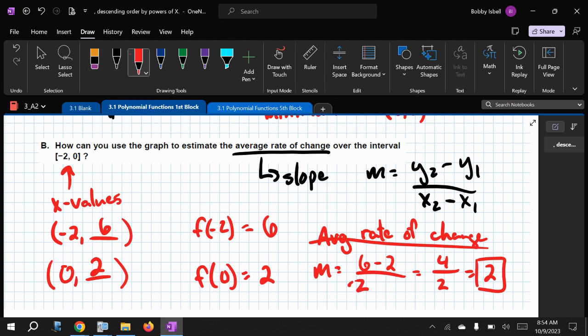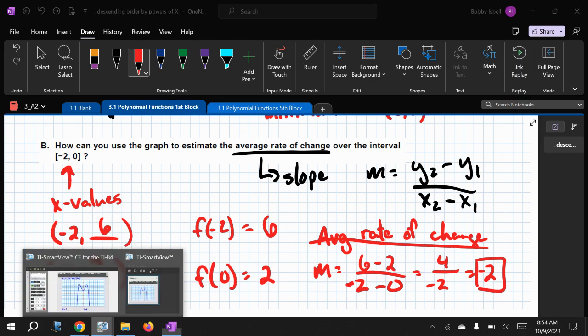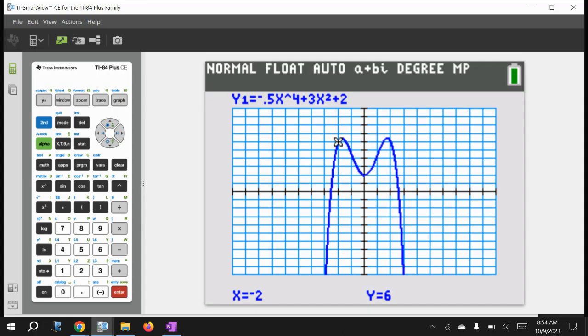That should be -2 minus 0, which makes that -2, which makes the slope -2. Negative slope, it makes sense, and that's why I knew it wasn't right, because when I look at my graph, the point at 6 is here and the point at 2 is right here. We know that that's a negative slope of a line that connects those two. So that's how I knew it wasn't correct. I knew I made a mistake somewhere.